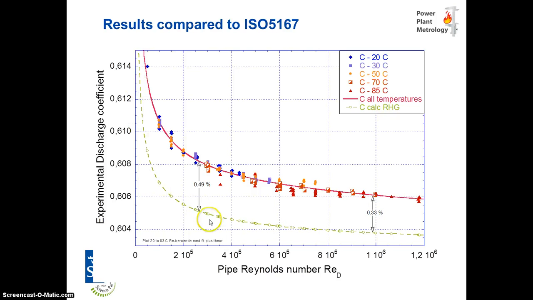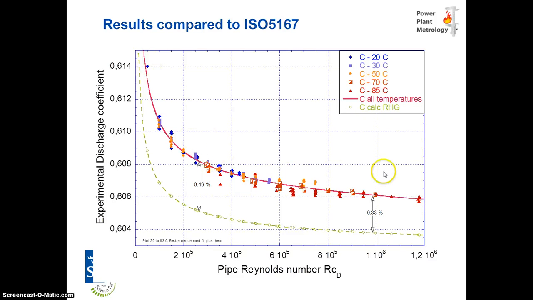So we can compare our discharge coefficient with the standard given in ISO 5167, and according to this standard you can have an uncertainty of 0.5%, and for the most part our measured values are actually within this limit. So the Orifice plate is really fulfilling the requirement in the standard. So that's nice.